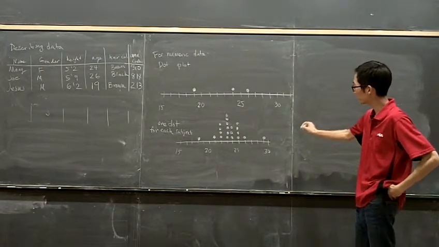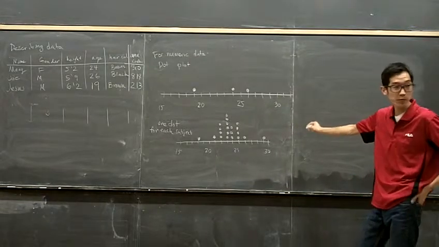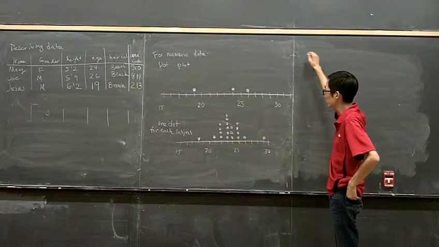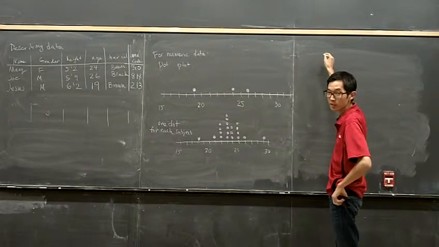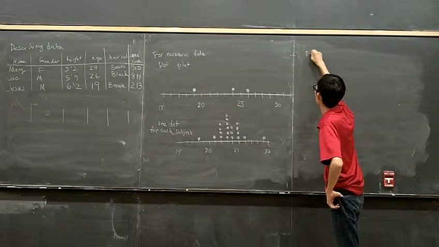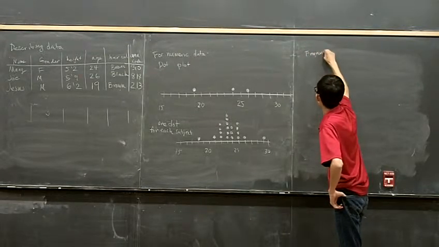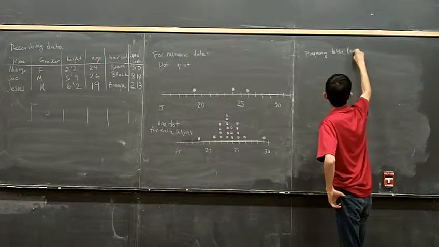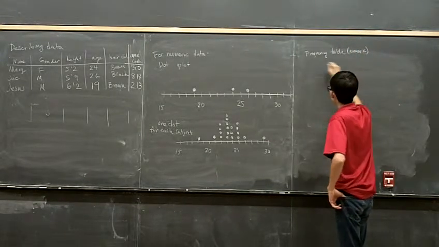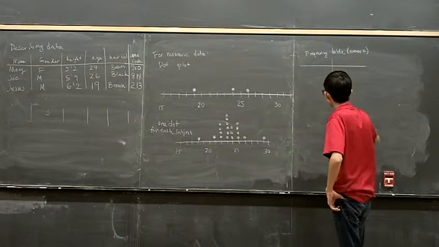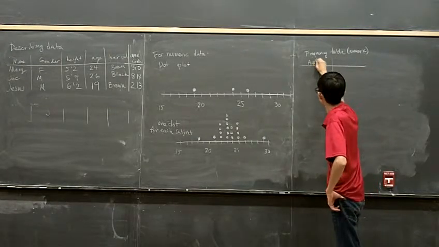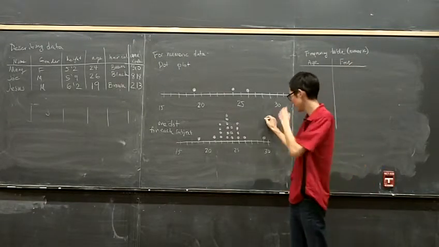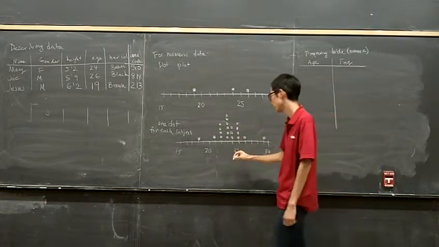You could present the same information that the dot plot has also with a frequency table, but this one being for numeric data. Okay. And basically here, you would put the age and the frequency, and so this is my fictional data set.